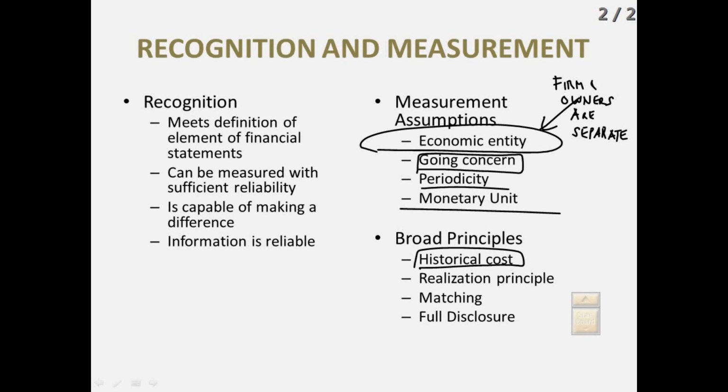The realization principle is what we said. You can only realize, okay, so when we talk about realization, that means how much we can record regardless of the cash issue.